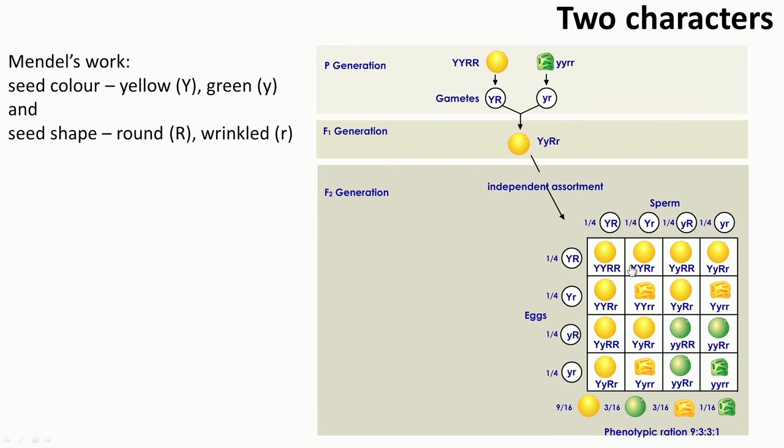If we draw a Punnett square here of all the possibilities, you can see, if you count, that 9 out of the 16 possibilities would be yellow and round, both dominant characters. 3 out of 16 would be round and green. 3 out of 16 would be yellow and wrinkled, and 1 out of 16 would be green and wrinkled. This is how it happens with 2 characters, which we can get an idea of by using the Punnett square here.